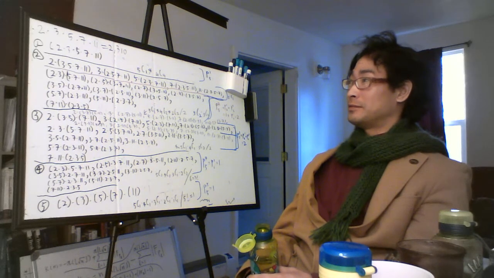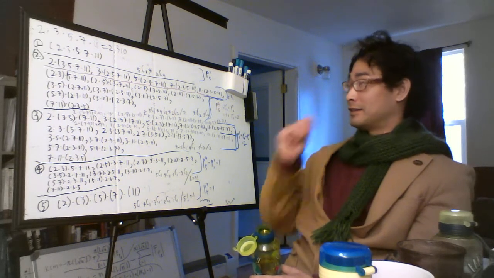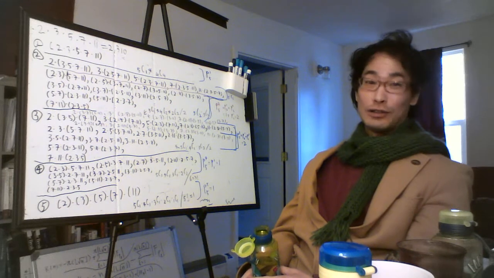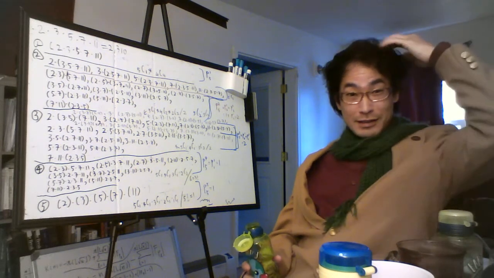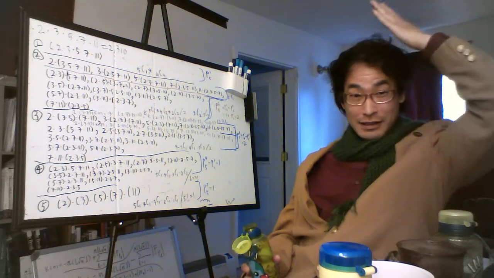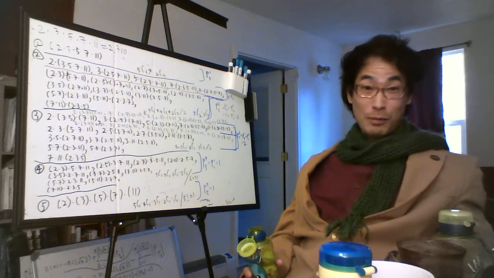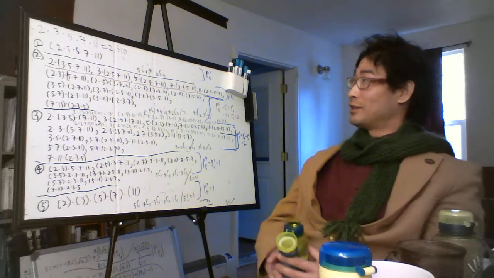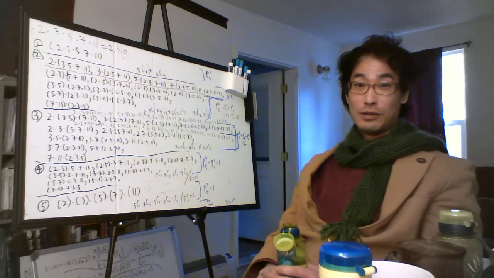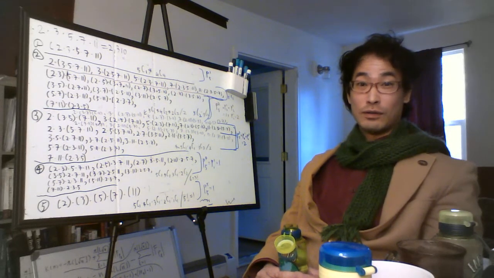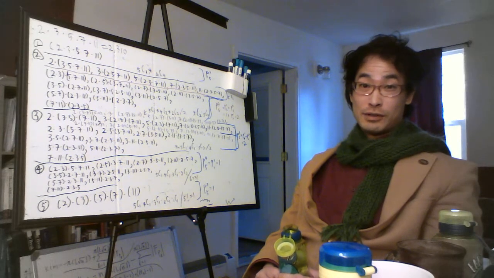Now, we are counting the number of ways. Man, this sticking out again. We're counting the number of ways to express 2310 in terms of products of smaller numbers.